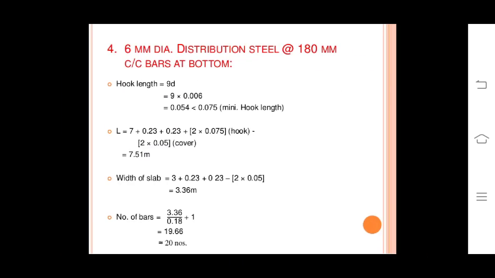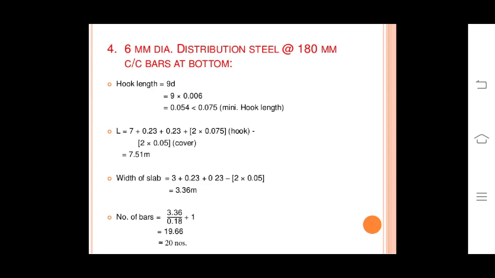For 6 mm diameter distribution steel at 180 center to center, bars at bottom, the hook length is 9d, which is equal to 9 into 0.006, which is equal to 0.054.